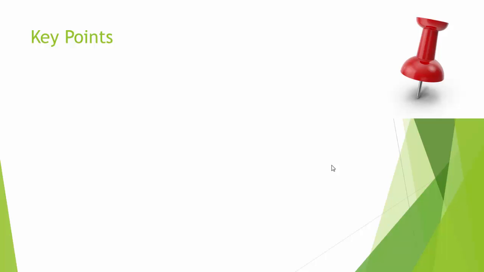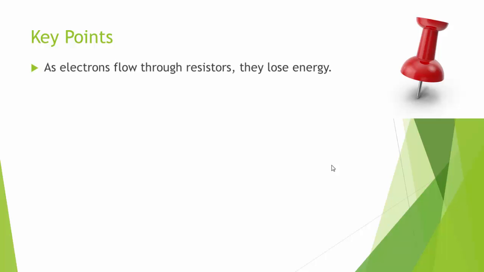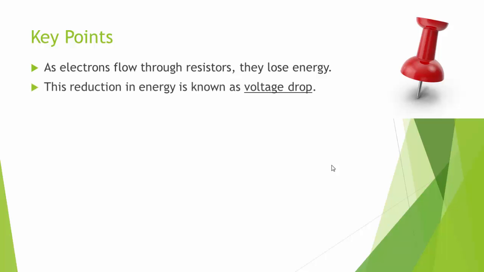All right, maybe that's enough for today. So our key points: as electrons flow through resistors, they lose energy. We can observe this loss in energy based on the voltage drop of those electrons as they pass through. We can calculate the voltage drop in various ways, including simply using Ohm's law, V equals IR.